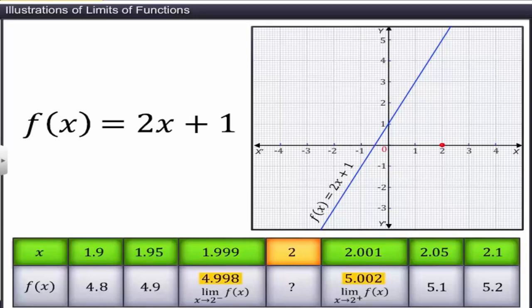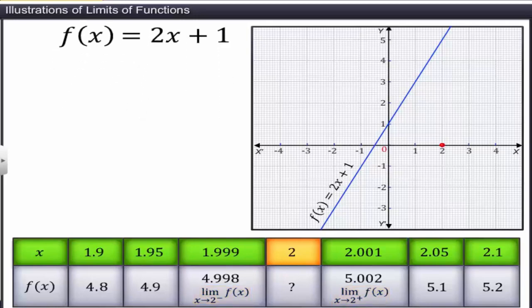You can see that there is no significant change in the value of the left-hand and the right-hand limits. You can also observe that both the limits are approaching 5. This implies that the two limits coincide with each other and the limit of the function exists at 2. Therefore, we can assign the limit of the function at 2 as 5. This is evident from the graph.